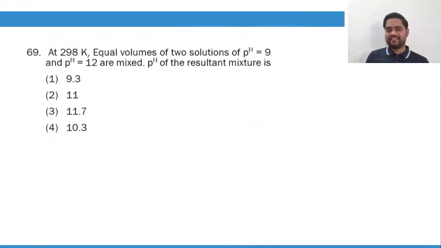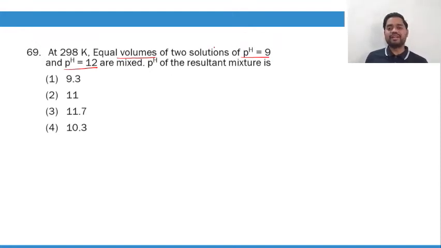69. At 298 Kelvin, equal volumes, please note this, equal volumes of two solutions, pH is equal to 9 and pH is equal to 12. They both are what? Alkaline in nature. Since pH is more than 7, they both are alkaline in nature, are mixed. The resultant mixture will be.